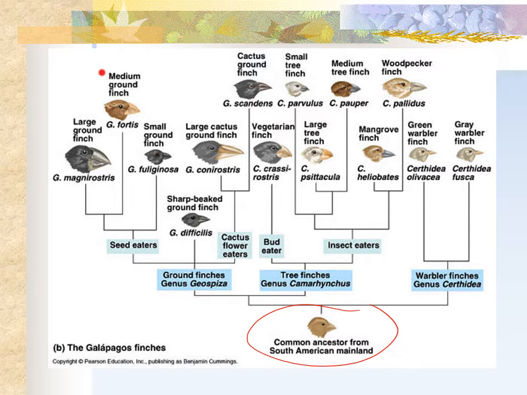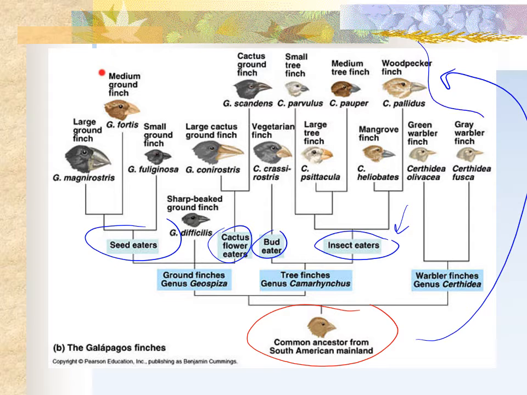And over time, when there was different conditions on these islands, different food available, and you can see that here, insects, buds, cactus flowers, and seeds, that those birds evolved into different species of birds, partly due to the food source available and having beaks that were adapted to eating those food sources. And now when we look at all the present day finches, they are separate species.